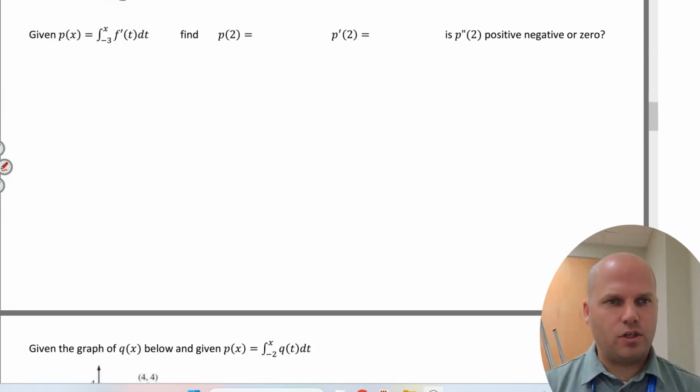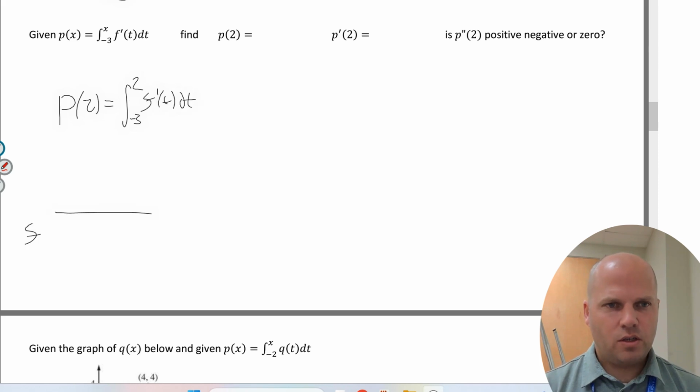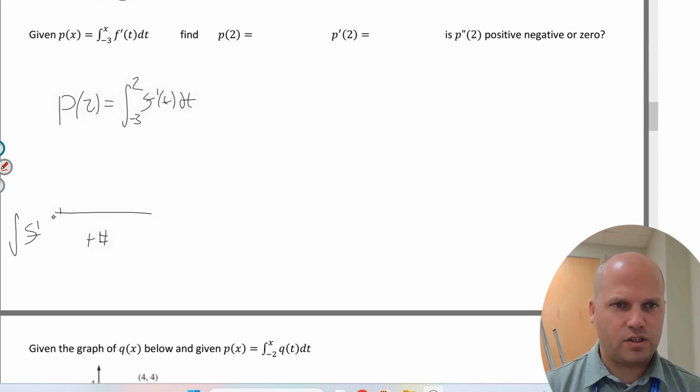All right, back to the curveballs. P of 2 would be the accumulation of the derivative of f from -3 to 2. The easy way is to realize that the accumulation of f's derivative will tell you how much f increases. That will be f of -3 subtracted from f of 2.